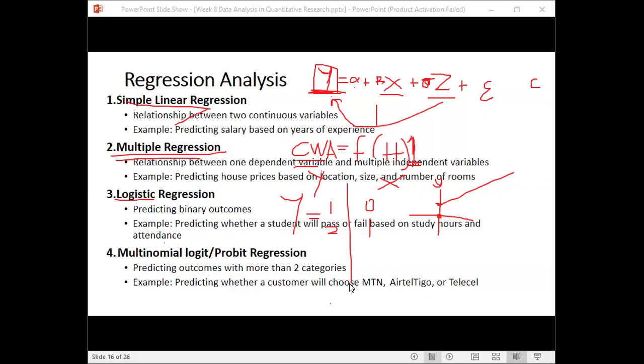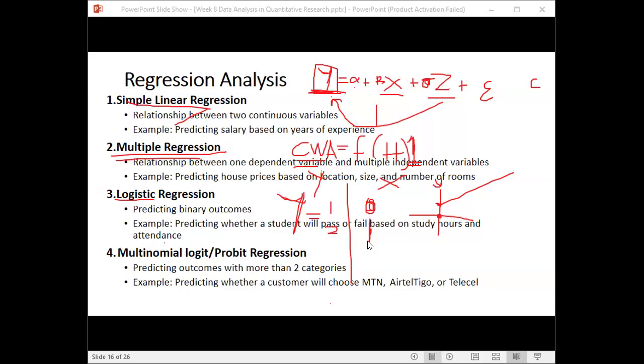So I want to predict you coming to school or not coming to school. So absent or present, okay? If you are present, I mark you 1. If you are absent, I mark you 0. So my dependent variable takes the value of what? 0 and 1.